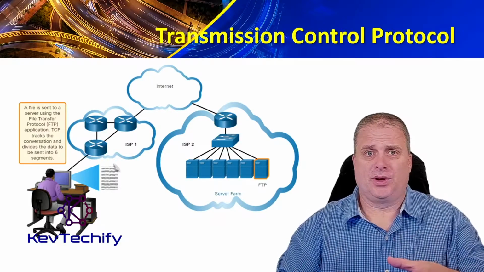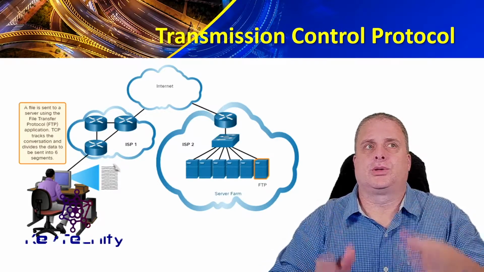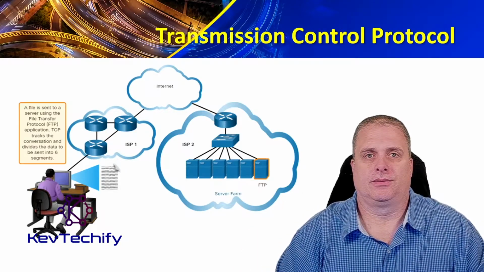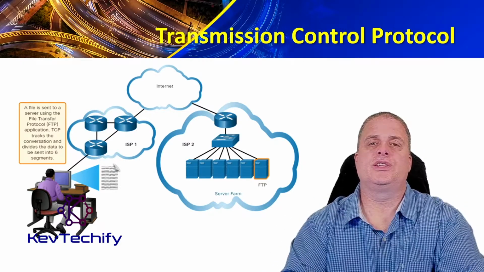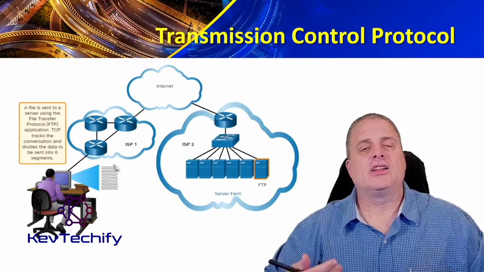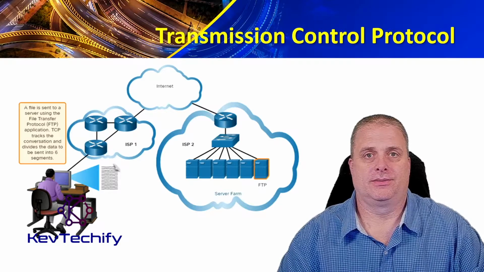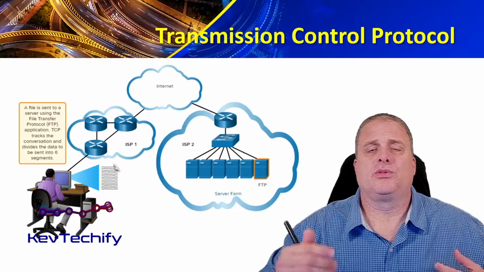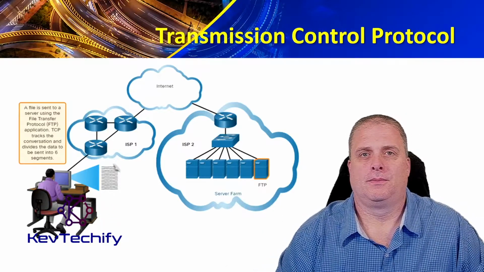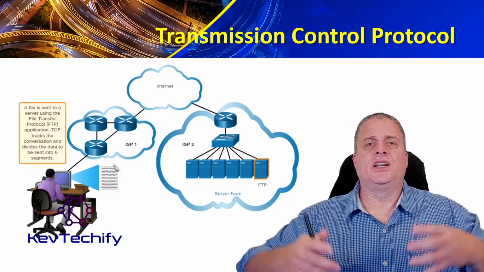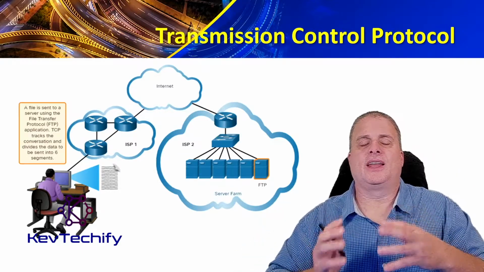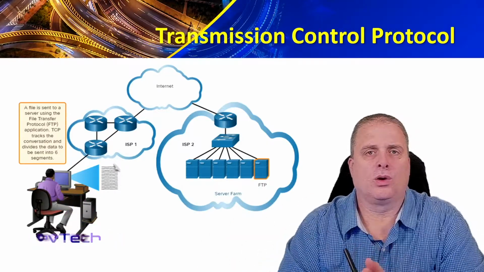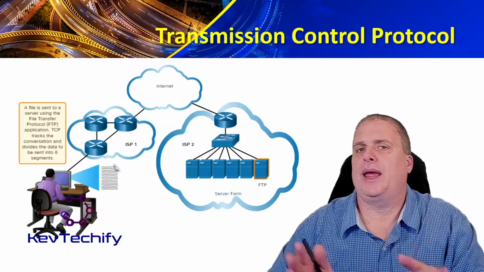TCP basic operations. First thing it does is it numbers and tracks the data segments transmitted from a host to a specific destination. Then once that data reaches its destination, it is responsible for acknowledging that data has been received. If that acknowledgement doesn't come back through, TCP is responsible for retransmitting that data. Then, when that data arrives at its destination, it's responsible for putting that data back in the right order, because sometimes that data arrives in the wrong order because of retransmissions, taking different paths through the internet.